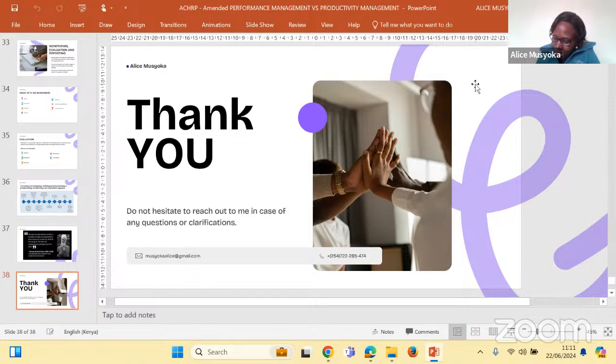So probably you may need to find out why the rest of the employees are not up to the task, or why their performance is not up to the level of this other one. And how can that be done? Probably the supervisor may need to have a discussion with the employee and try to find out and narrow down why their performance is not up to the expected level.